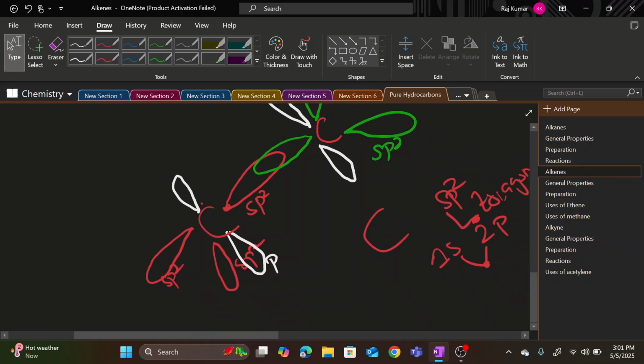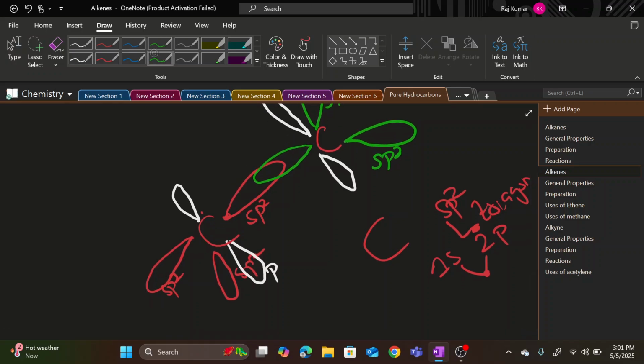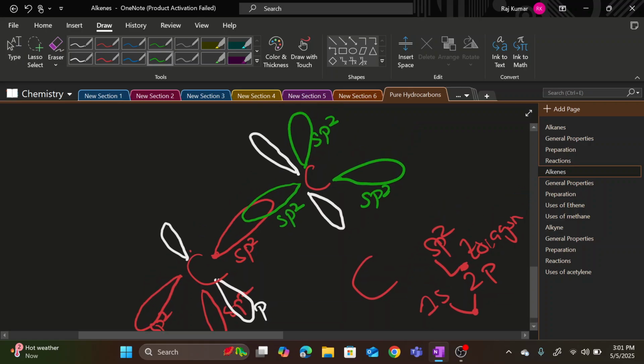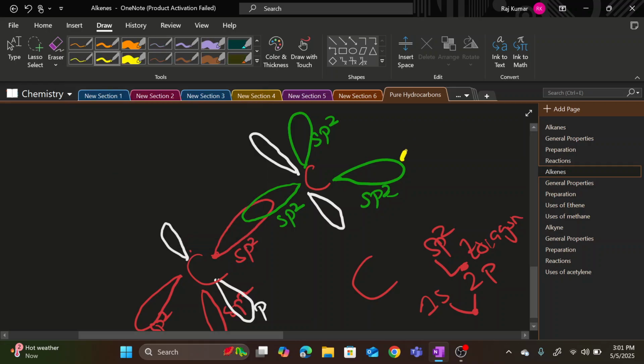Now let's understand this, that this orbital is sp2, this orbital is sp2, and there are two sp2 orbitals joining with s orbitals. Let me just mark it with a different color.